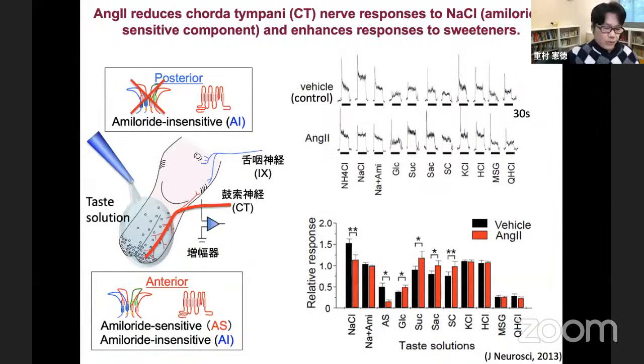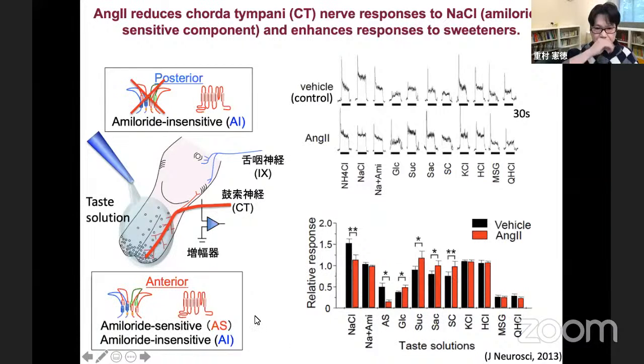Next, we asked whether angiotensin II modulates taste nerve responses in mice. It's known that there are two salt taste receptor pathways. One is the amiloride-sensitive, AS, salt receptor pathway, which is mediated by ENaC.